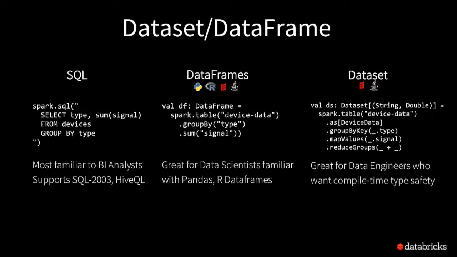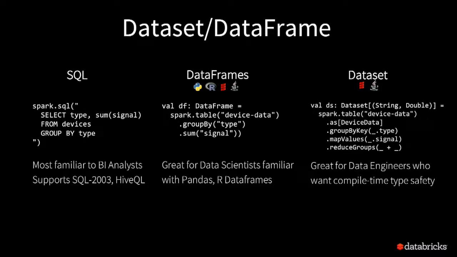Or if you want to get more hands-on and you want compile-time safety, which data engineers building data pipelines often want, you can convert it to full Datasets, which gives you full compile-time safety. So you can do all sorts of operations while ensuring type checks at compile time.